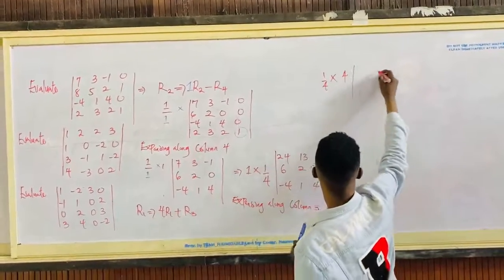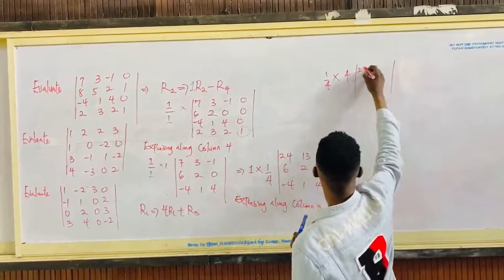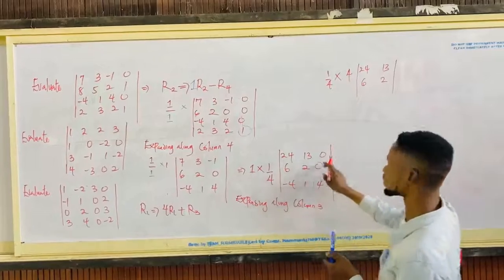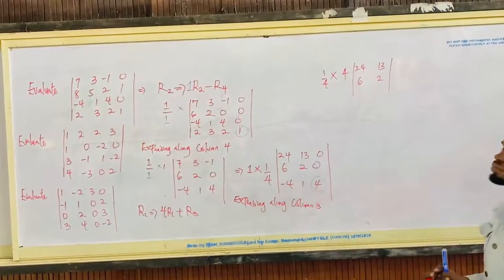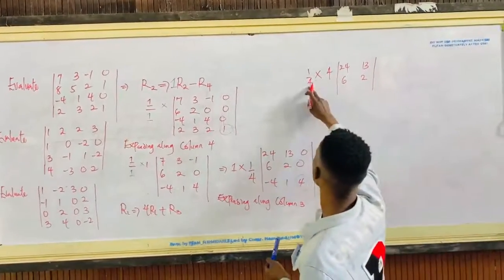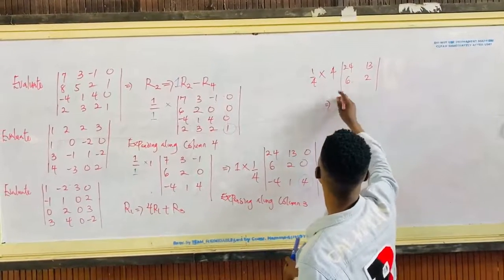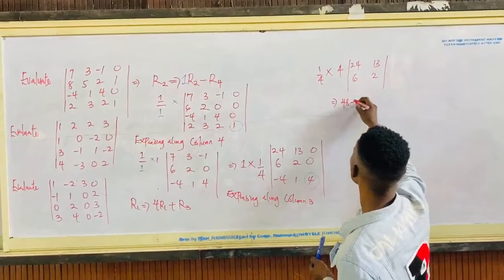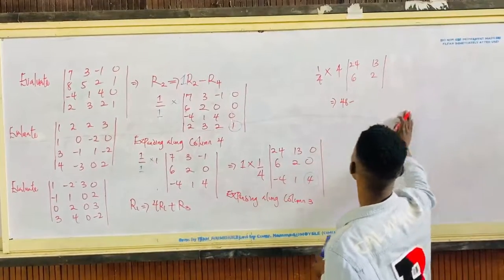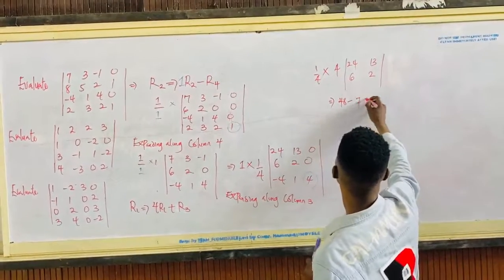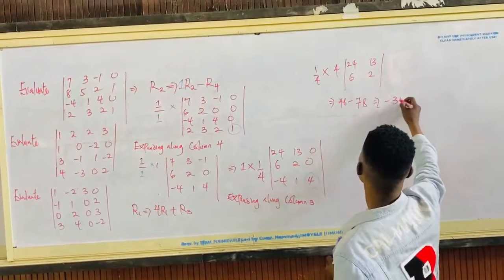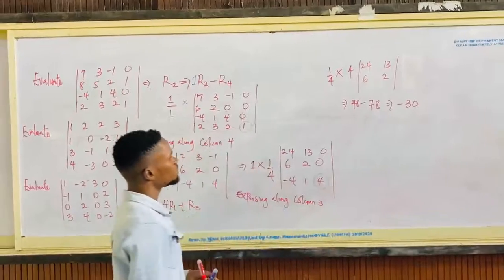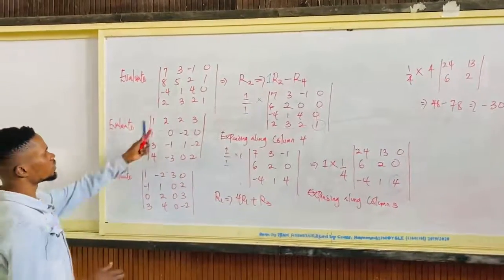Then the determinant of 24, 13, then 6, 2. Neglect this and this. Now you can find the determinant. 4 over 4 is 1. So the determinant of the 2 by 2 matrix, multiply the principal diagonal together. That's 48 minus 6 times 13 is 78. So the answer is minus 30. So that's the determinant of a 4 by 4 matrix.